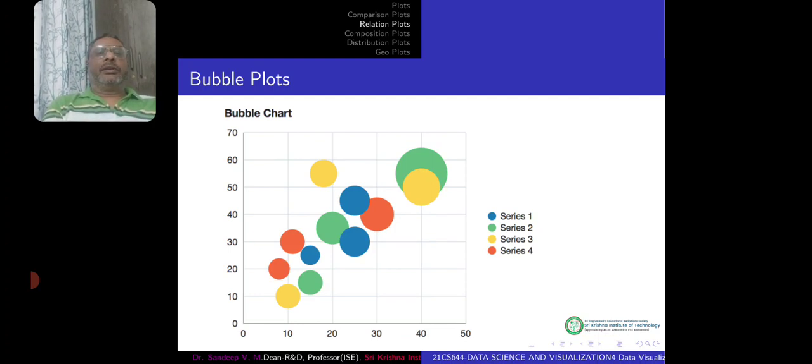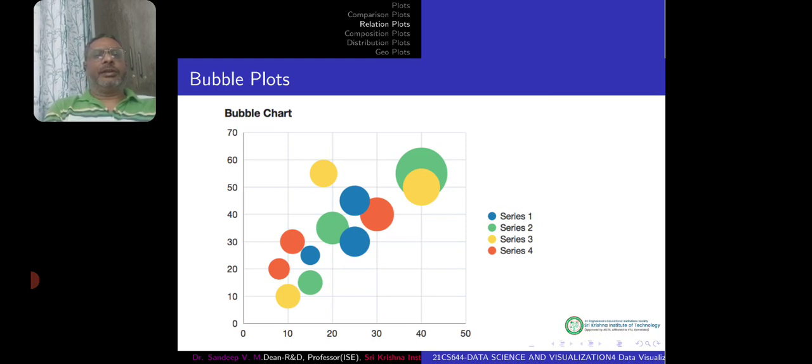Now overall, if you look at it, we can say that all the data have some positive trend. So you can look at how they are scattered. If you look at all points without considering size and color, we can say that there is some positive correlation. On the other side, color wise, if you look at the three red bubbles, they have some positive trend. Three green, they are having a positive trend.